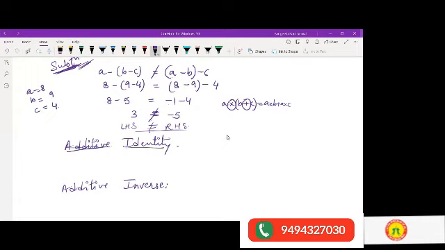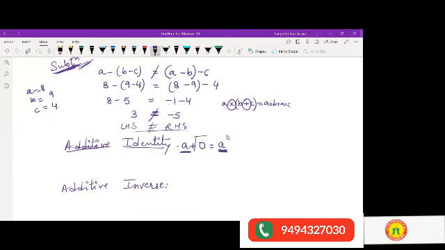Additive identity is something that you add to a number and your number retains its identity. Any number that you add to your original number and your original number retains its identity, यानी कि वो वैसे का वैसा ही रहता है.